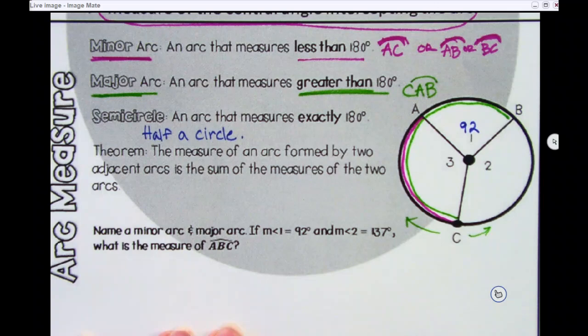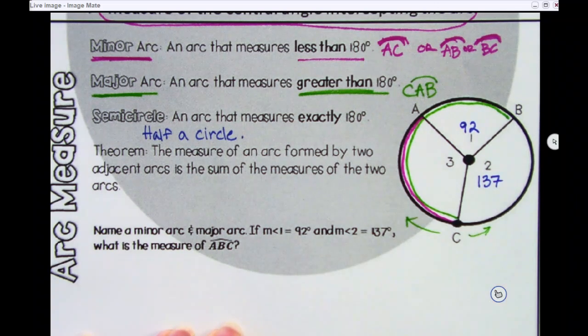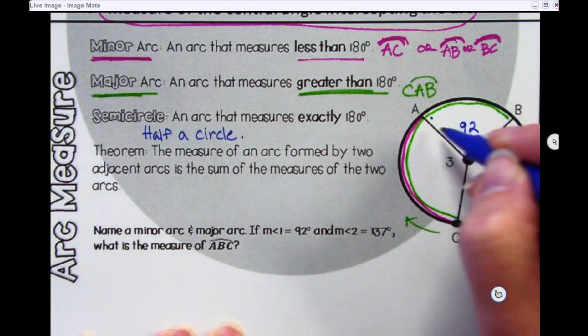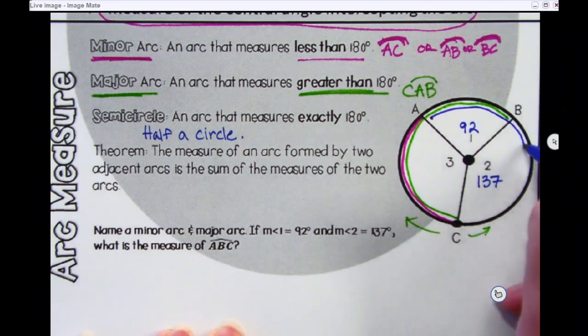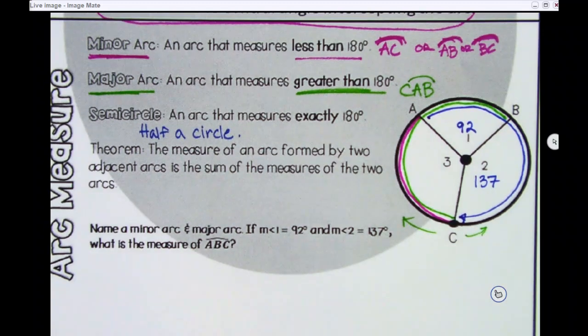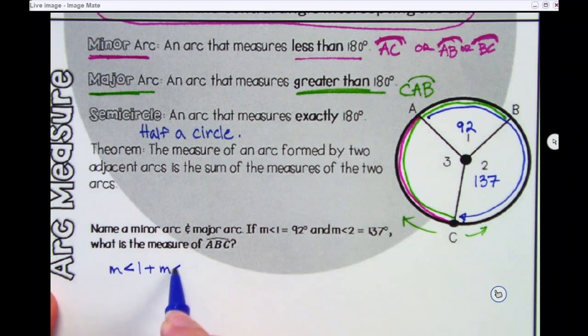Right now it's telling me that the measure of angle 1 is 92 and the measure of angle 2 is 137. And it wants to know the measure of arc ABC. It told me which way to go. We've got to go this direction. So it's just 1 plus 2, the measure of angle 1 plus the measure of angle 2.